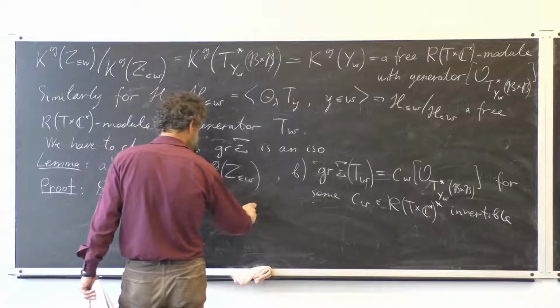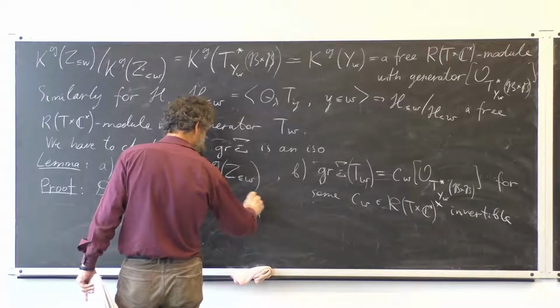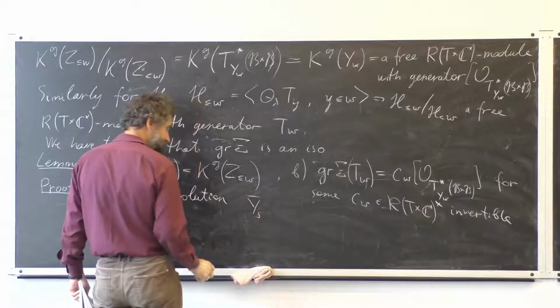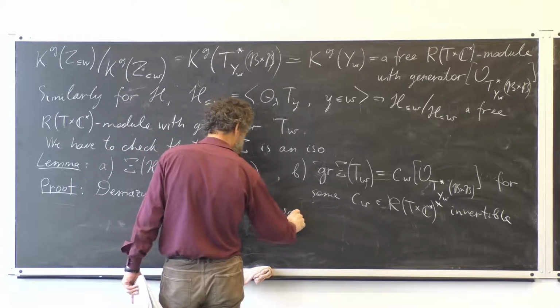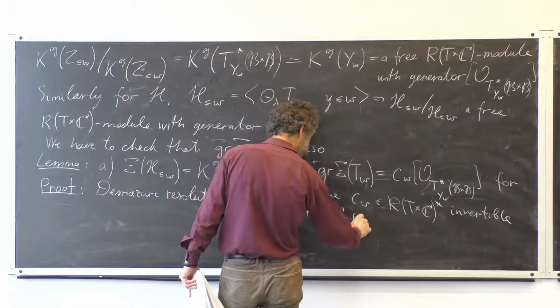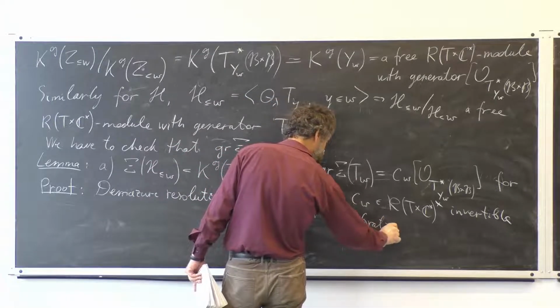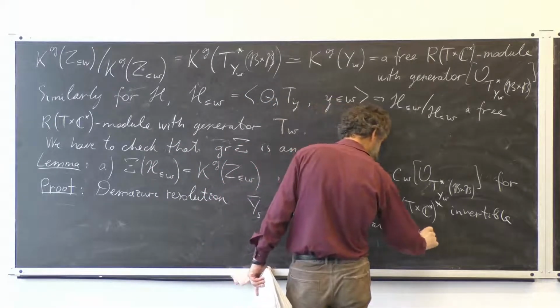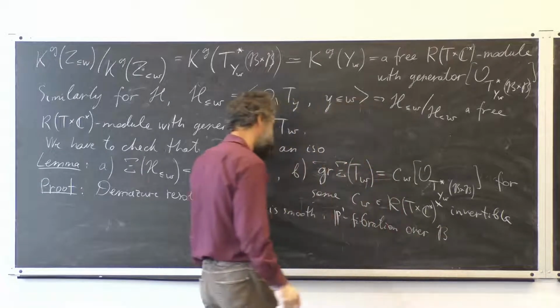Well, the point is that Y_s bar, as we know, is smooth. So it's a P1 fibration over a flag-like variety.